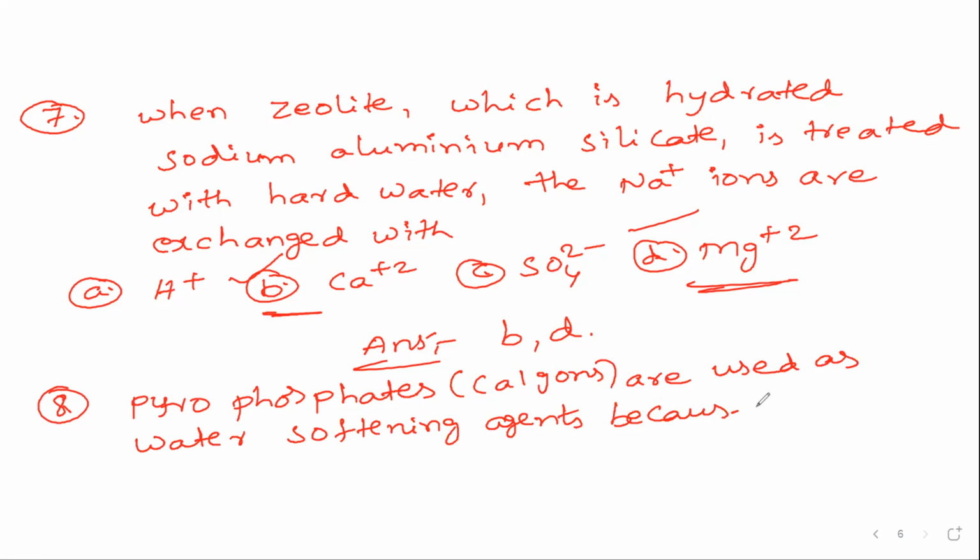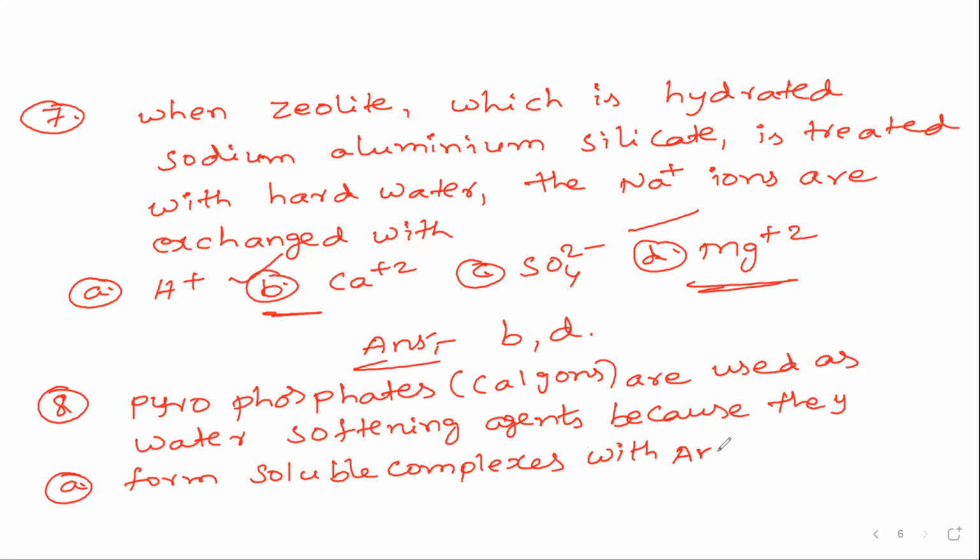because they, option A, form soluble complexes with anionic species. Option B, precipitate anionic species.